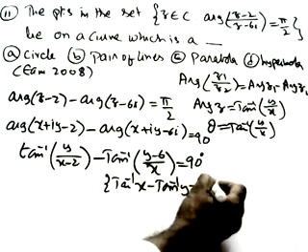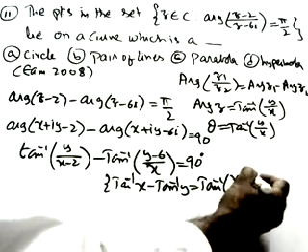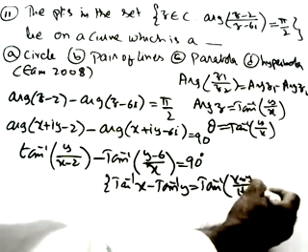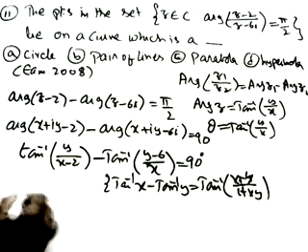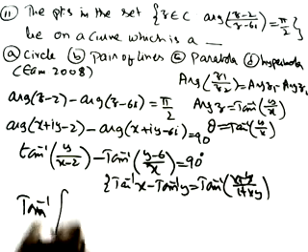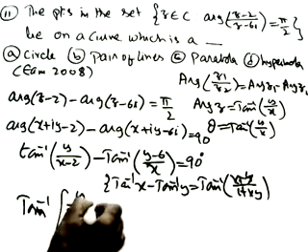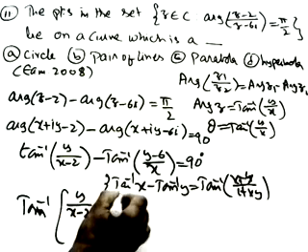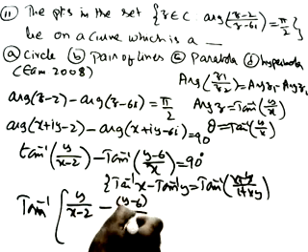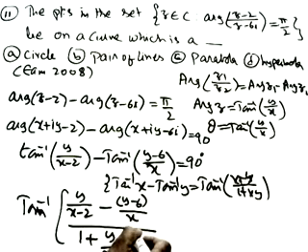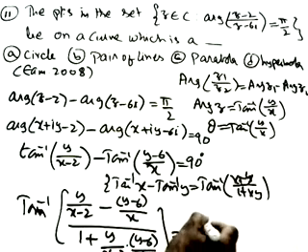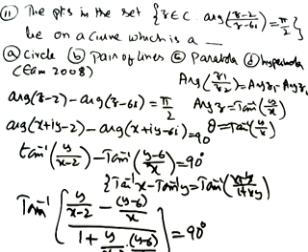Now we know the formula: tan inverse x minus tan inverse y is tan inverse of (x minus y) by (1 plus xy). Let me use this formula. So tan inverse of the quantity (y by x minus 2 minus y minus 6 by x) over (1 plus y into y minus 6 by x into x minus 2) equals 90 degrees.